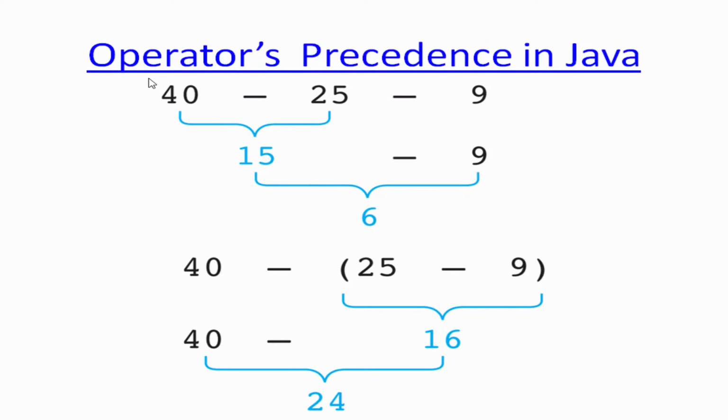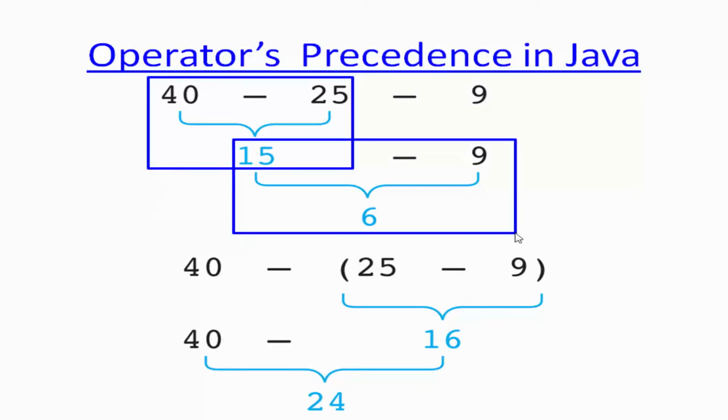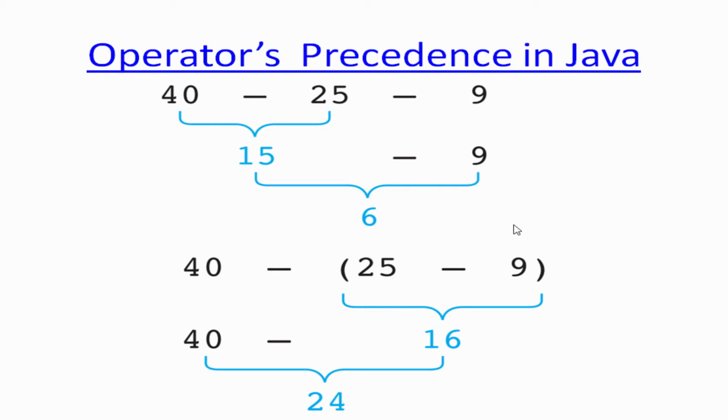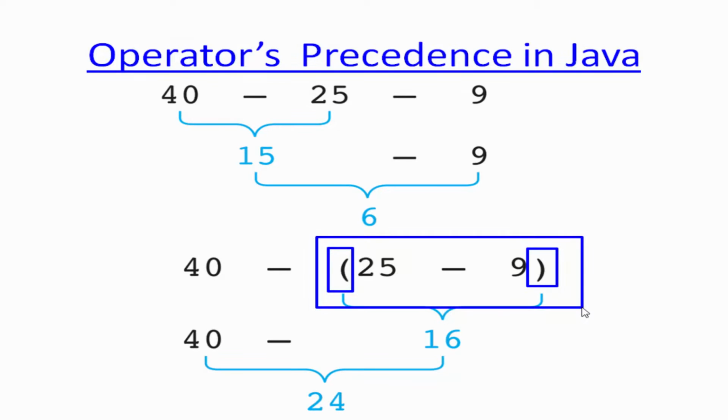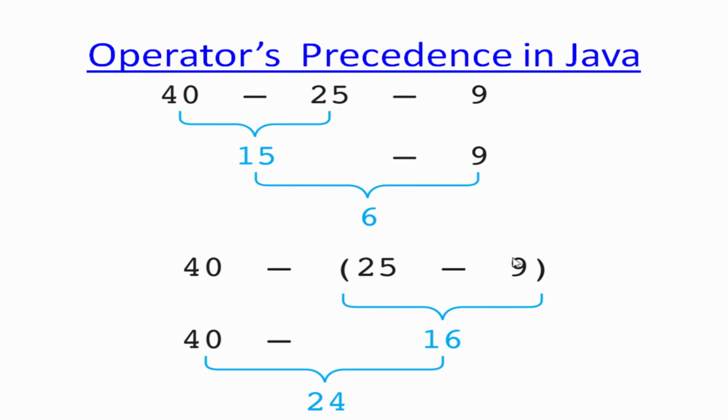First we will solve this side, we will get 15, then we will solve this second expression. But if we have a unary operator, these parentheses, and you know the importance of the unary operator is highest, so it will be solved first. We will get result 16, and then we will subtract this 16 from 40 and we will get 24. So due to this unary operator, our result has been changed.